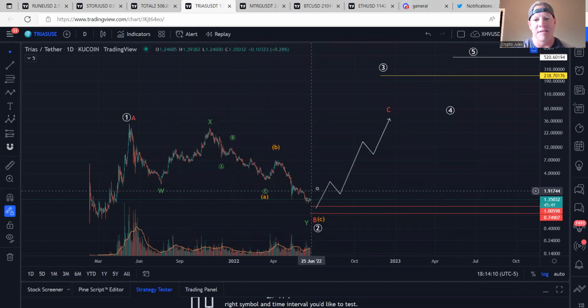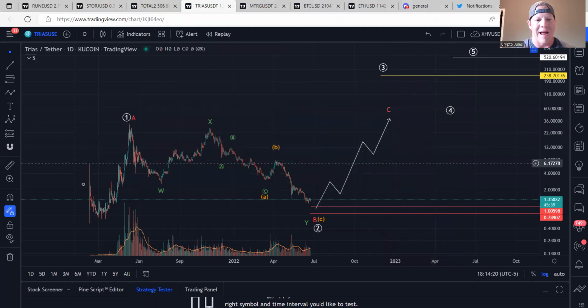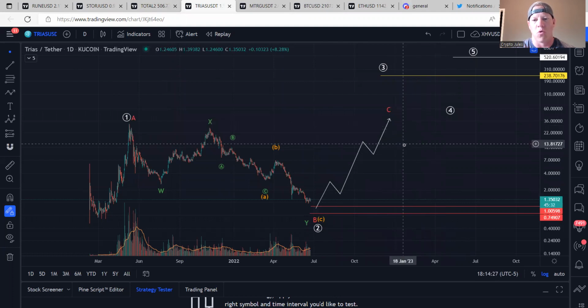If that is the case, we would still have this final C wave up. And then from there, more than likely, we will end up correcting again and likely repeat some sort of corrective structure until this thing can either become macro bullish, or if the project ends up not getting off the ground, it ends up dying. So that is one scenario.